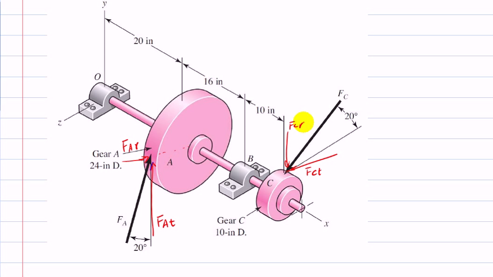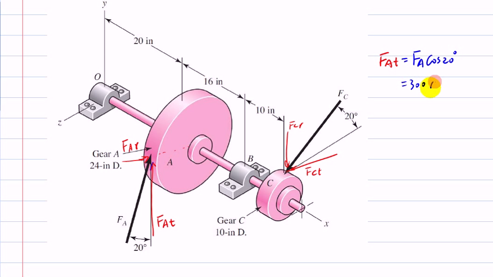Now, what will be the force that could generate a torque, or generate rotation about this shaft of the gear? Apparently, it's this tangent force. The question gives you the force FA, so you can calculate the FAT, which is FA cosine 20 degrees.